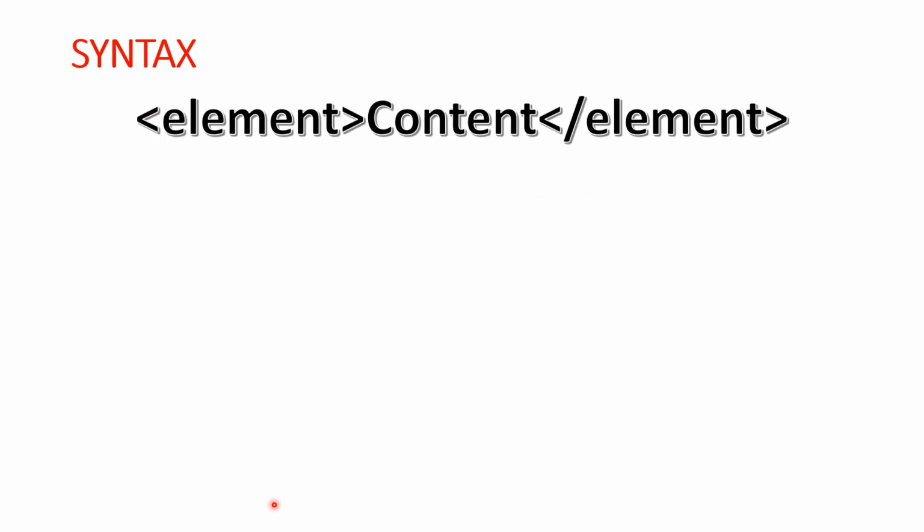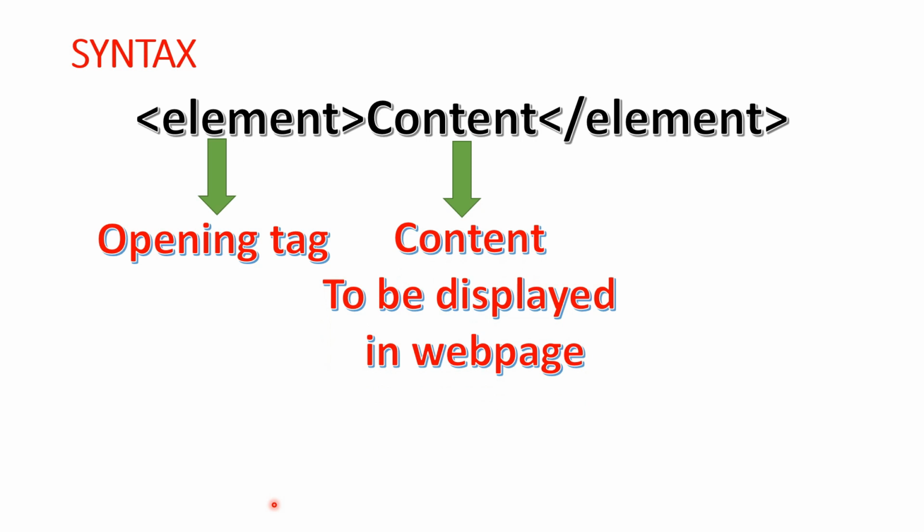Next, we will see the syntax of HTML element. As we have seen before, we can define it by a starting tag, content and the closing tag. Before saying this, we will first understand what is meant by tag. A tag is made up of left operator and a right operator and a tag name between these two operators.